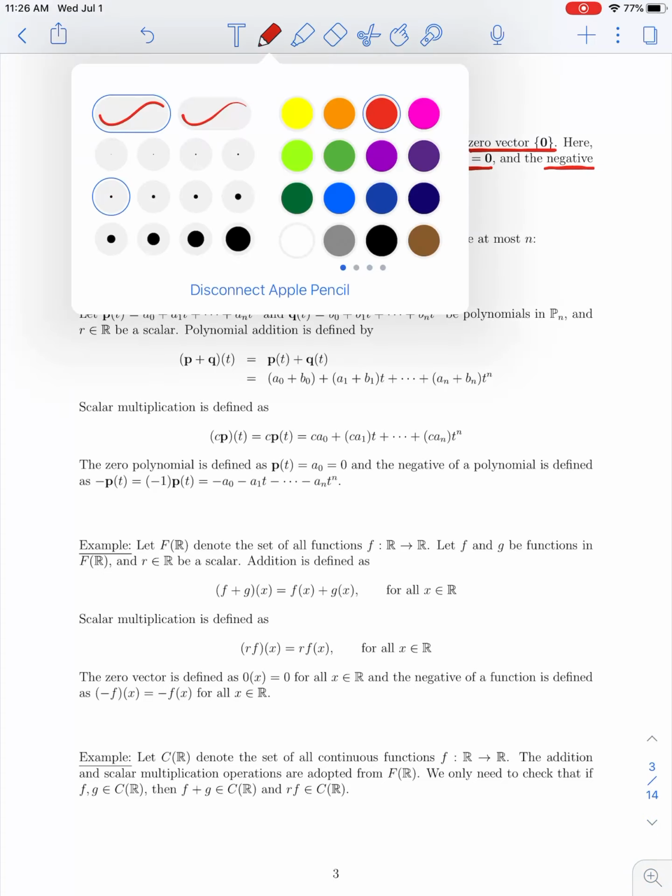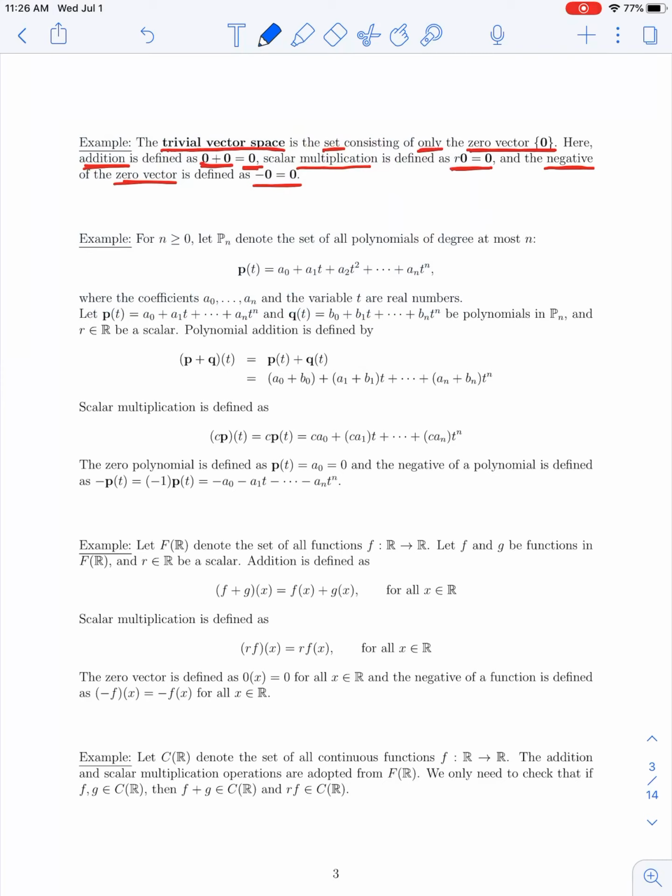Now for some other examples, we can consider spaces or sets of functions. One of the easiest would be if we have a non-negative integer n, we could let P sub n denote the set of all polynomials of degree at most n.